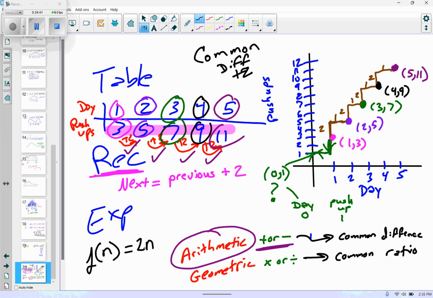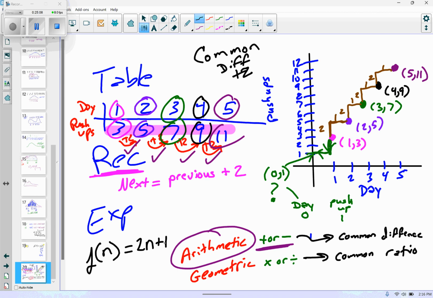What has to happen there? +1. I think we might be onto something. If I plug 1 in, I get 2 times 1, which is 2, plus 1, which is 3. Then 2 times 2, which is 4, plus 1, which is 5.